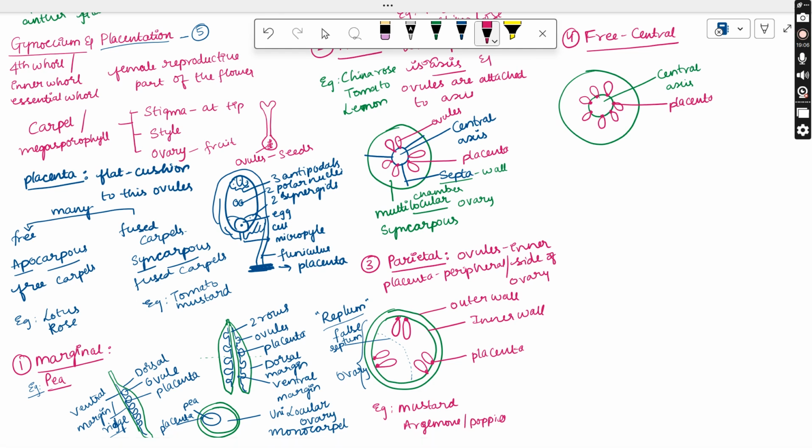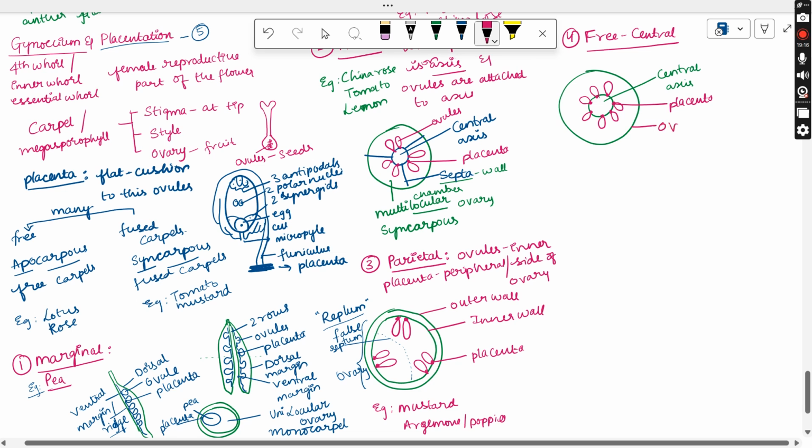Here there are chances to confuse. You cannot find any chambers here. The whole thing is a single chamber. The outer line is like the ovary wall, and each of these structures is an ovule, attached to the central axis, and you cannot find any septa or divisions. It looks like one single chamber.